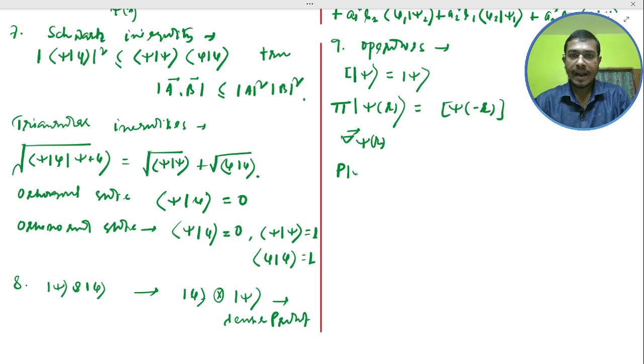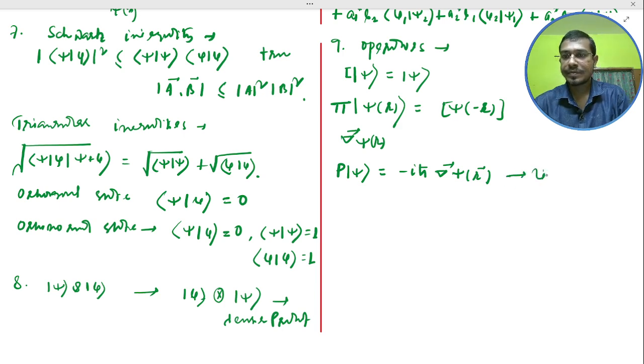P acting on psi is equal to minus i h cross gradient of psi of r. Okay, this is the linear momentum operator. Linear momentum, this is the gradient, this is parity, this is identity.